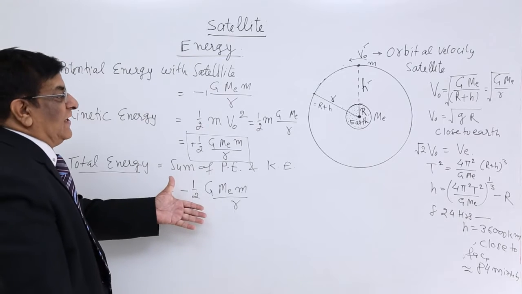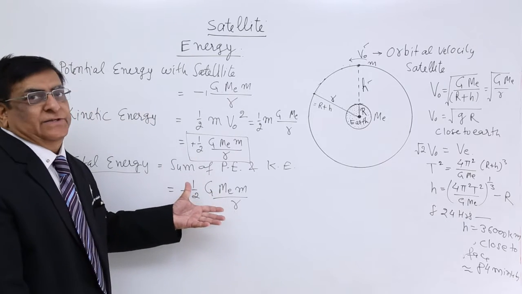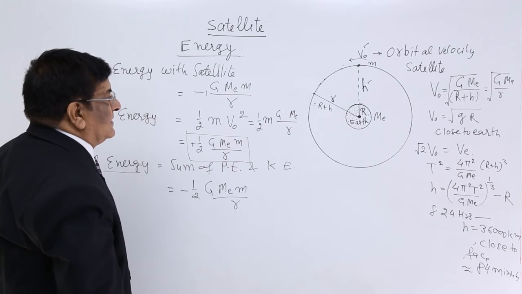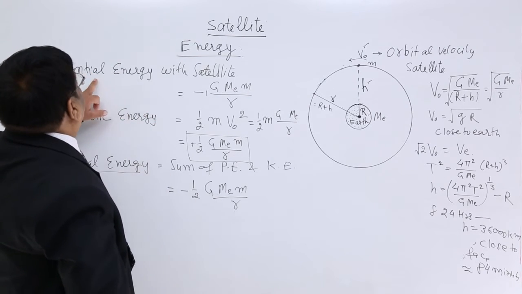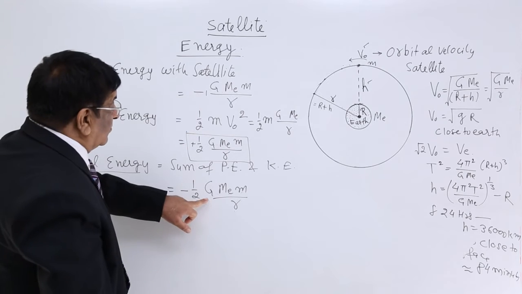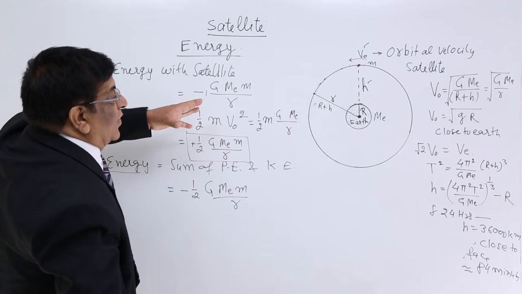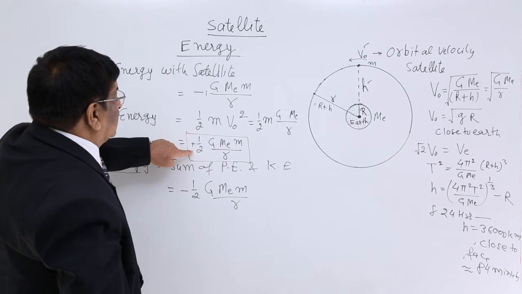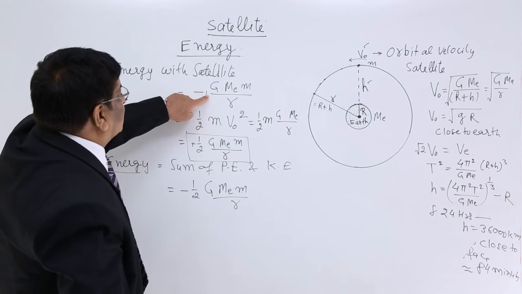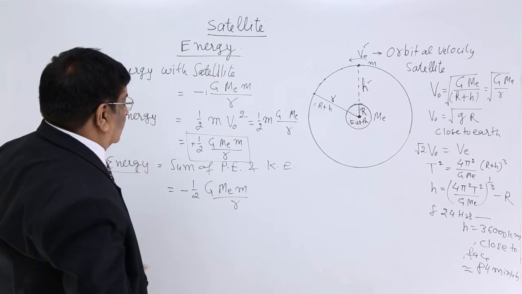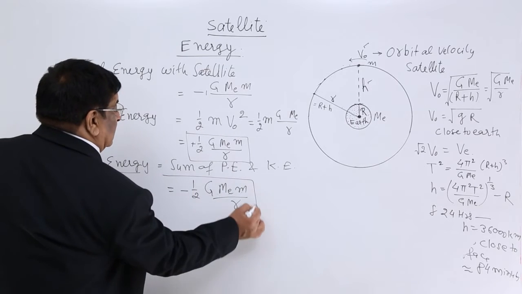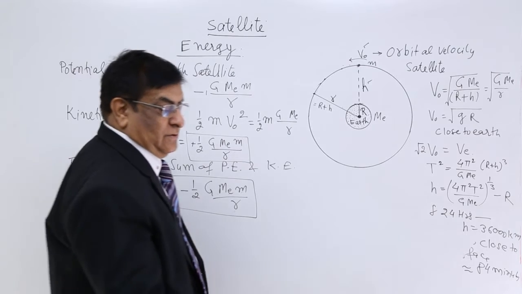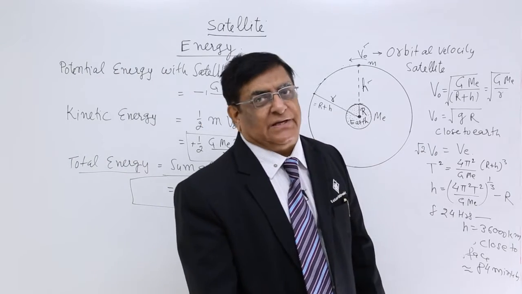These are very strange relations, but these are the actual relations. So half of the potential energy is equal to the total energy, and this happens because of sign conventions. This is plus, this is minus, this is also minus. This is the total energy of a satellite. Okay, so this is about the energy of the satellite.